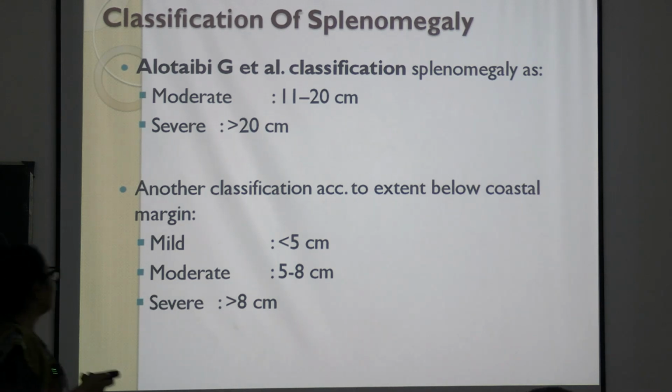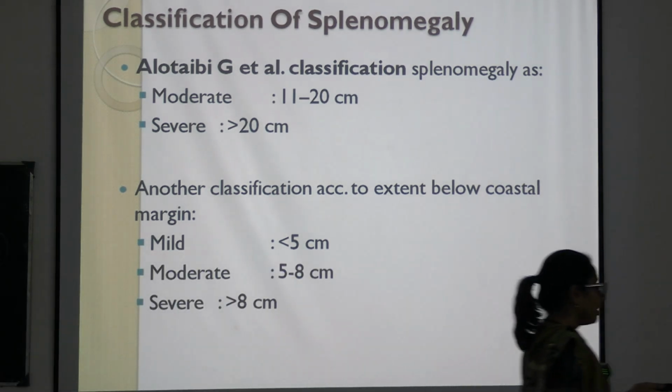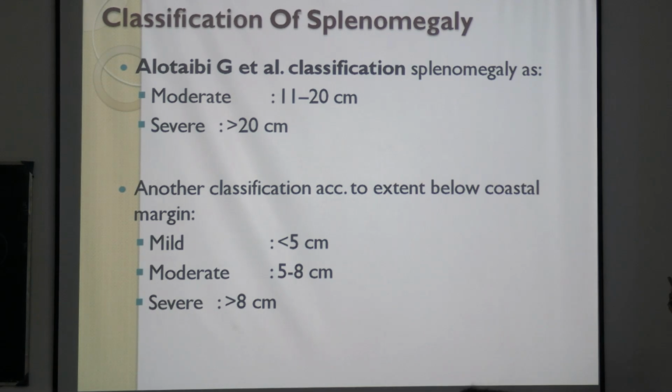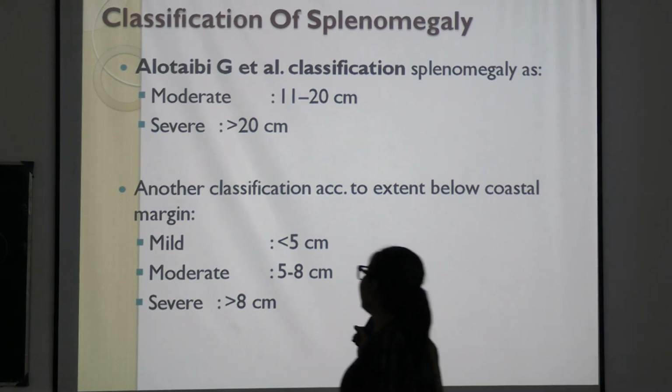Now there are 2 classifications. One says if there is mild to moderate splenomegaly, the size of the whole spleen is going to be 11 to 20 centimeter, and more than 20 centimeter is known as severe splenomegaly. Now there's something else, this particular classification where mild is less than 5, moderate is 5 to 8 and severe is more than 8.